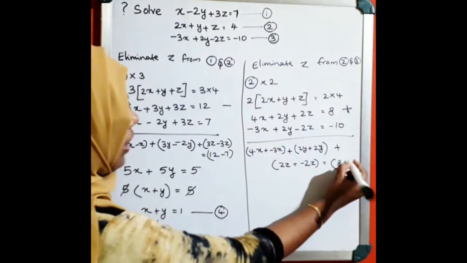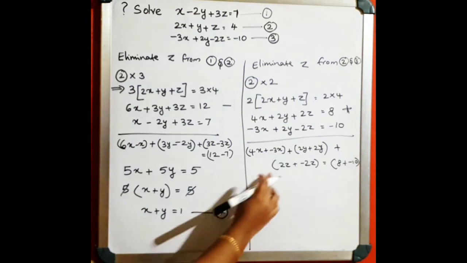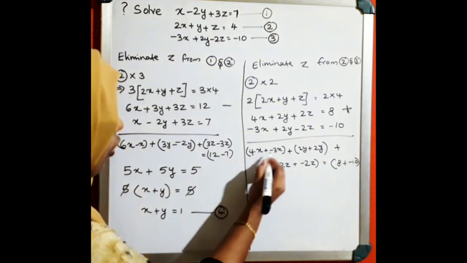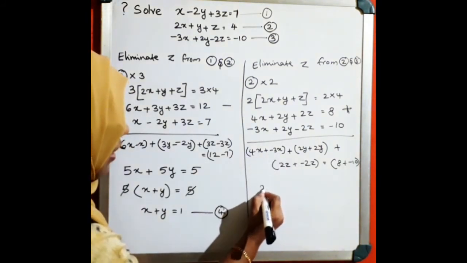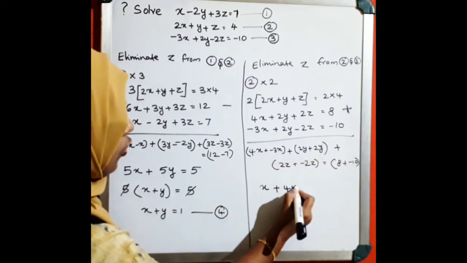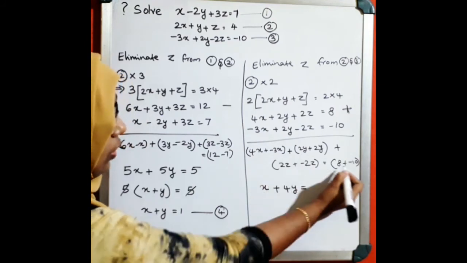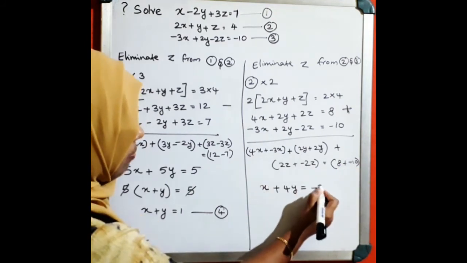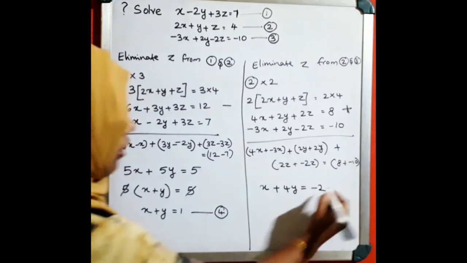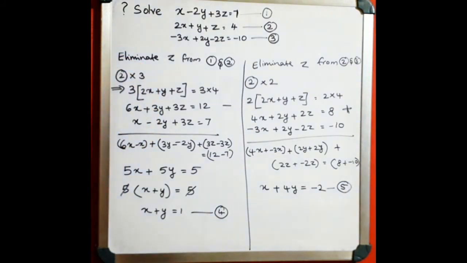Sorry. So 8 plus minus 10. So the equation becomes 4x minus 3x is x plus 2y plus 2y is 4y. 2z plus minus 2z is 0. 8 minus 10 is minus 2. So our fifth equation is x plus 4y equal to minus 2.